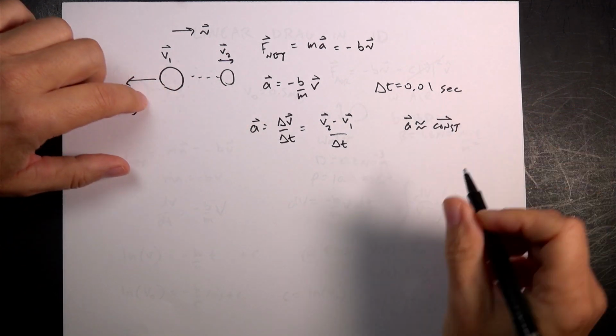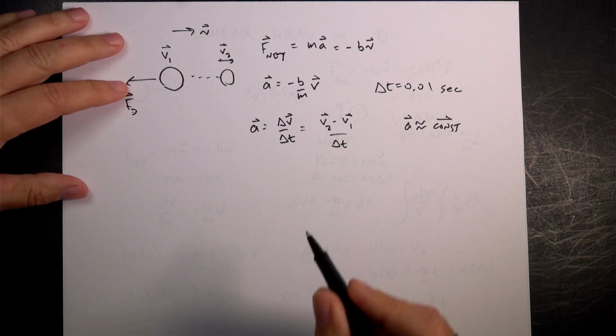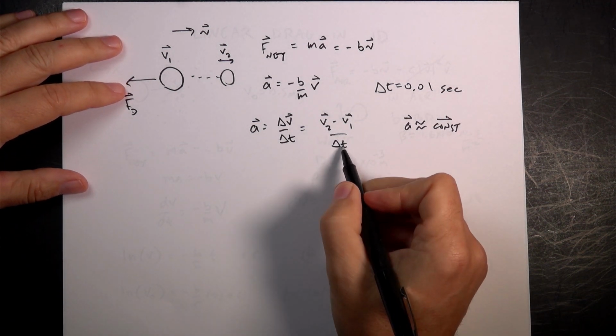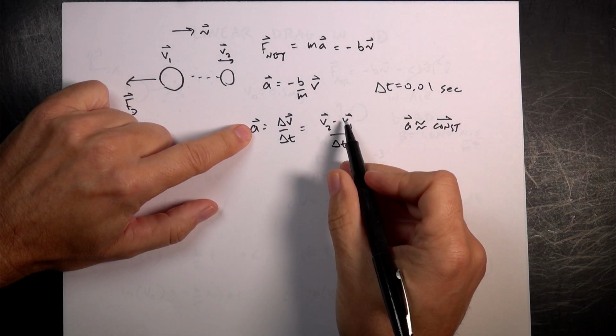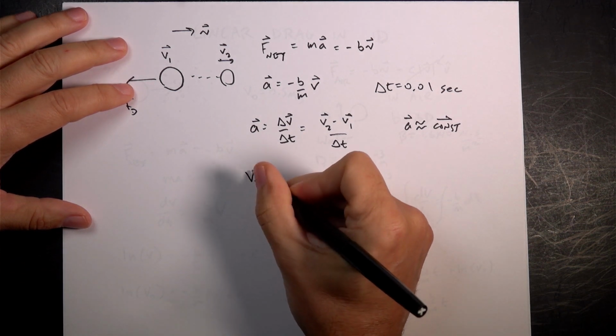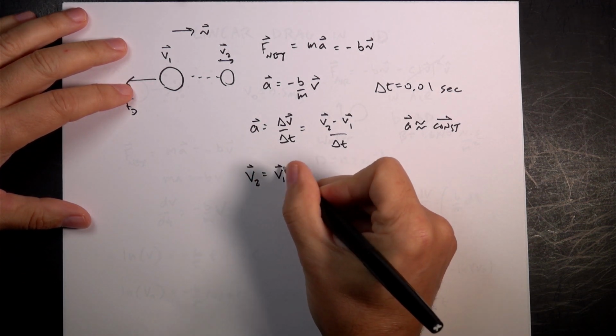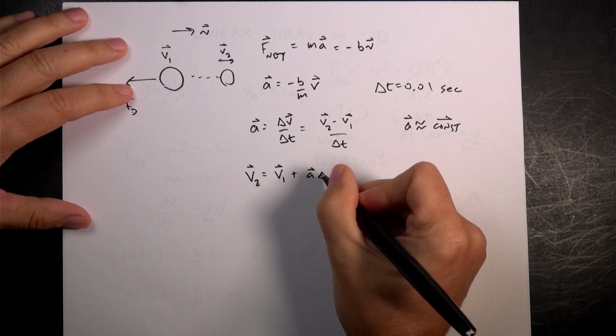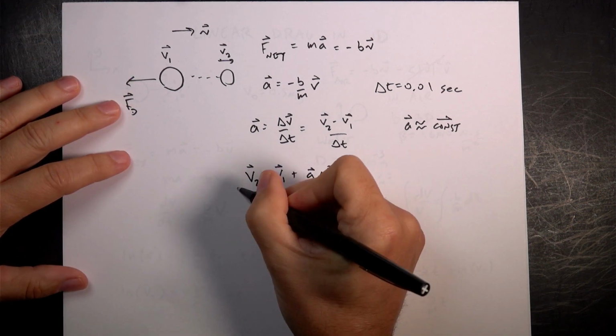And it's a vector, right? Because you can't have a vector equal to a scalar. So if I solve this for V2, I can multiply both sides by delta T and add V1. I get V2 equals V1 plus A delta T.